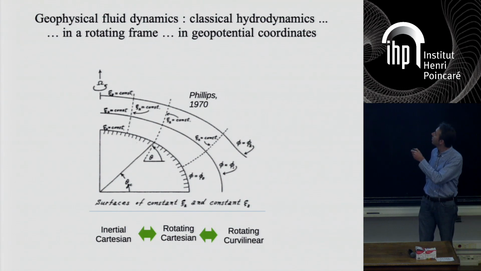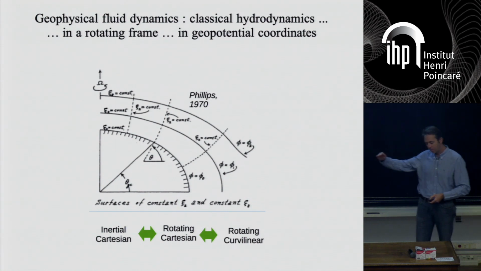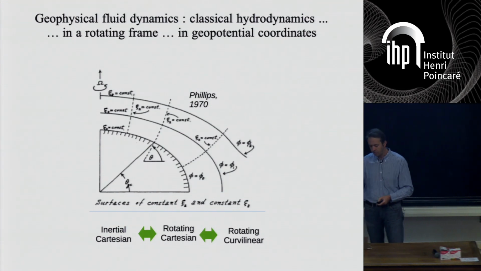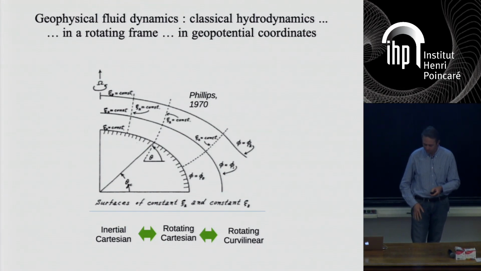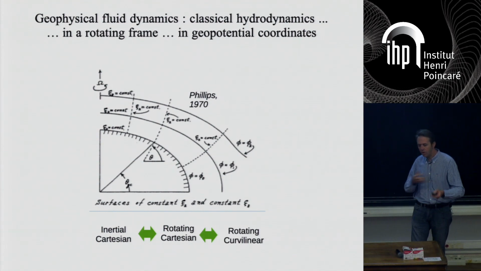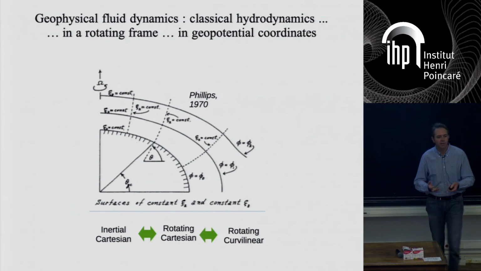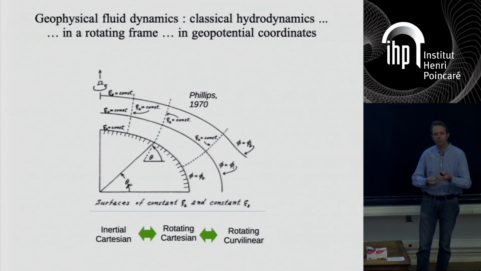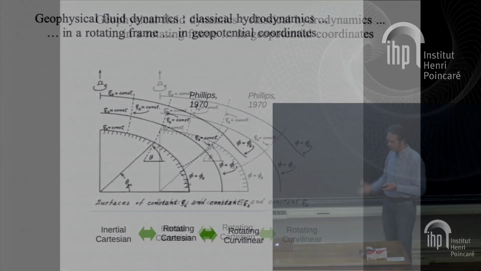And the first 2 coordinates will be horizontal, which means tangential to these surfaces of constant geopotential. But at this point, we have still just rewritten the same equations again and again, changing variables, changing frame, and nothing new has happened.